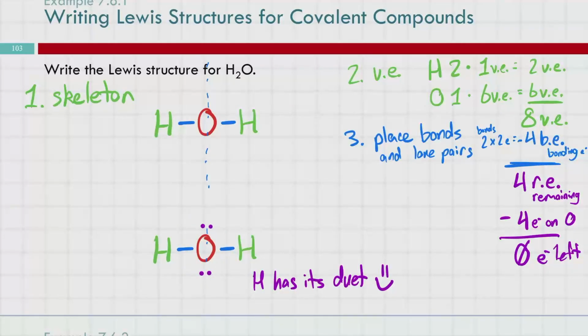Think. What do we think? Yes, it does have its full octet. We have 2 electrons in the left bond, 2 electrons in the right bond, 4 electrons from bonds. We've got 2 electrons in the top lone pair, 2 electrons in the bottom lone pair, 4 electrons from lone pairs.